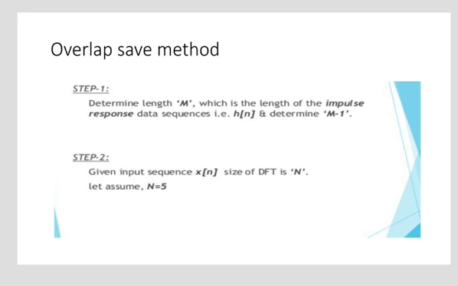Now the first one is overlap save method. In signal processing, overlap save is the traditional name for an efficient way to evaluate the discrete convolution between a very long signal x of n and a finite impulse response filter h of n.